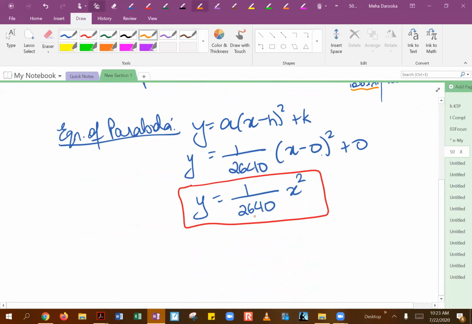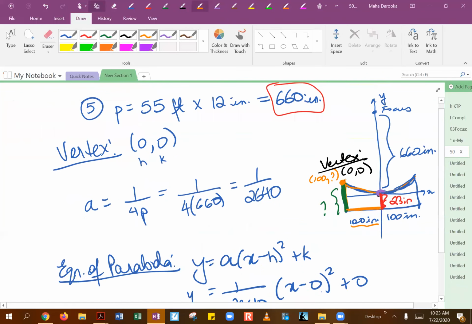So once you find your equation for the parabola, to find this point, all you have to do is take your x to be 100. How about I do it on this side? So we know our x value here is going to be 100.